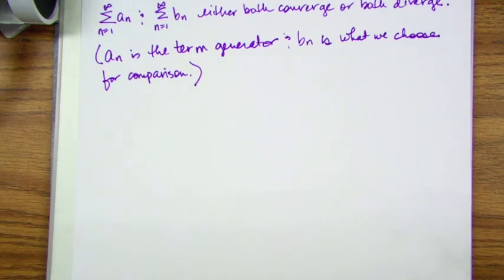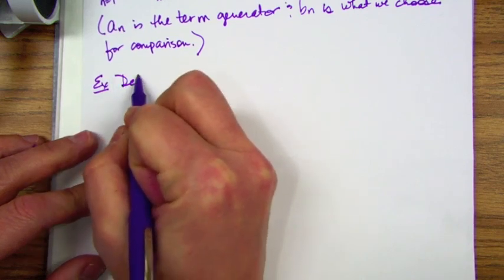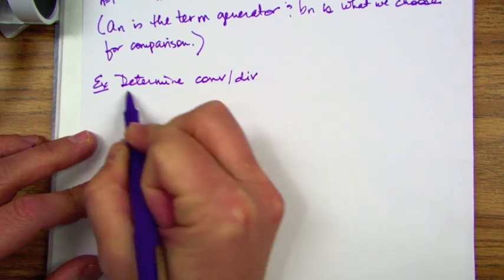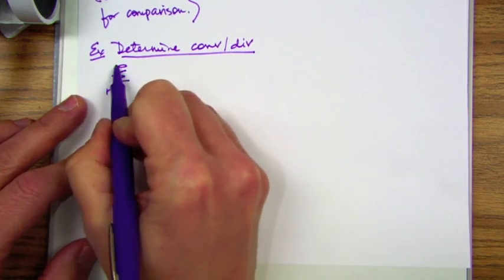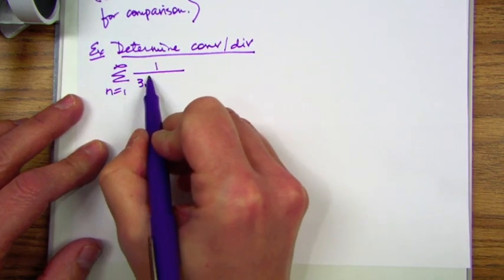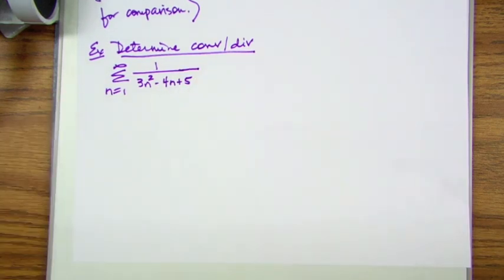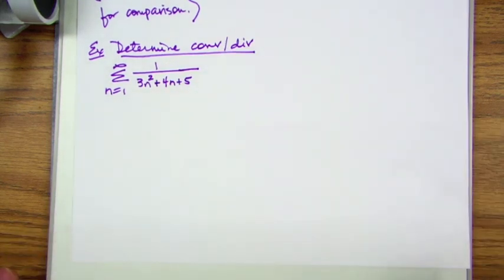So let's go back to that example. You told me you wanted to compare it to 1 over n squared.